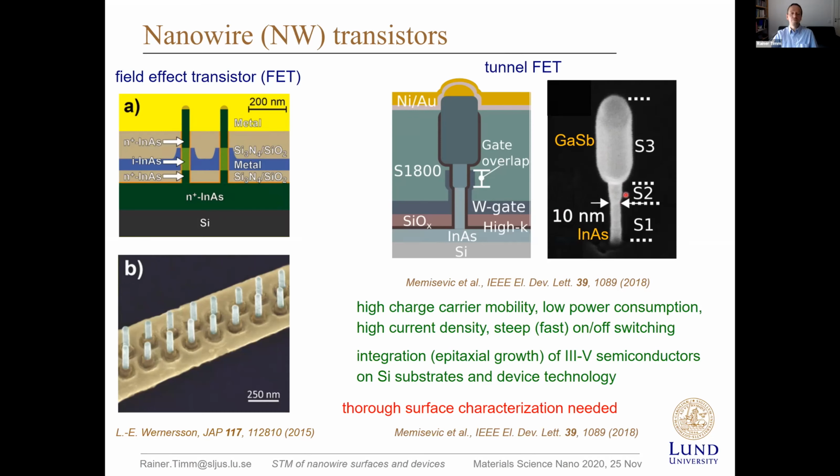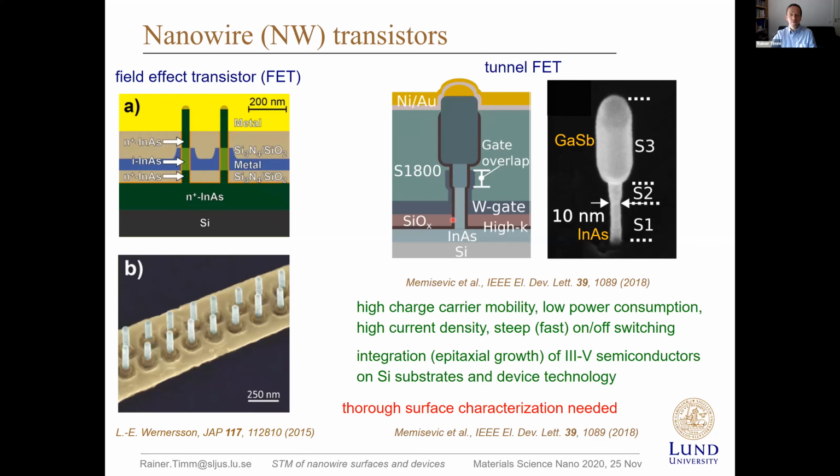As I said, these devices already have a very impressive performance, as they also have low power consumption. They have a very high carrier mobility. They have a steep on-off switching, which is needed for such tunnel devices. But one of the challenges is still to improve the surface of the semiconductor, and with that the interface to the oxide material. So surface characterization is really needed here in this case.